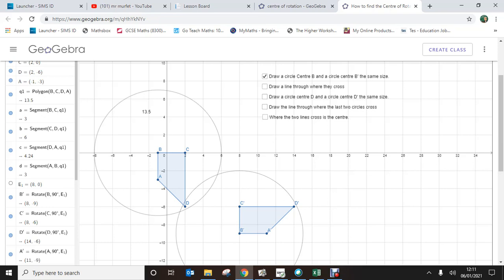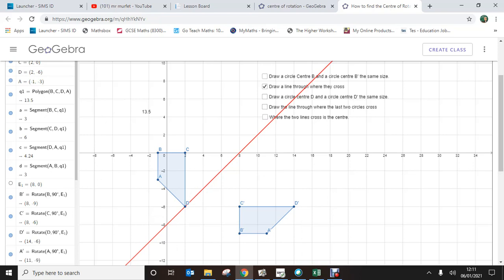Set the compass to just over halfway between the two points, and draw a circle around each of the points. Where the two circles cross, where they overlap, you draw a line. So in an exam situation, two arcs, and where they cross, draw a straight line.